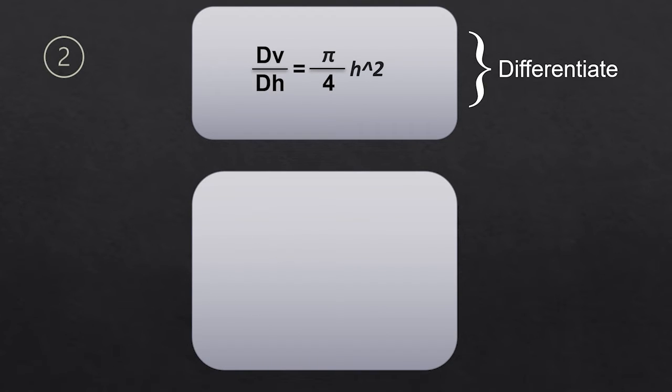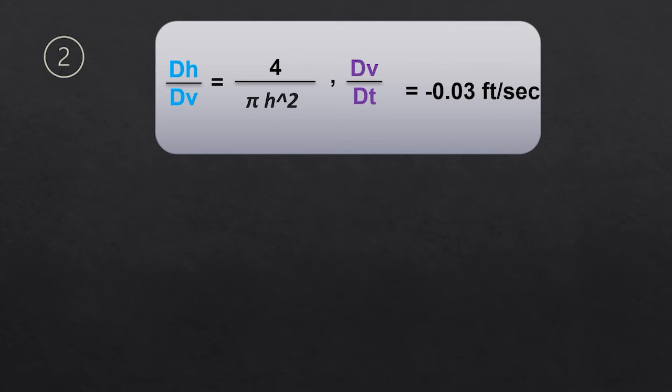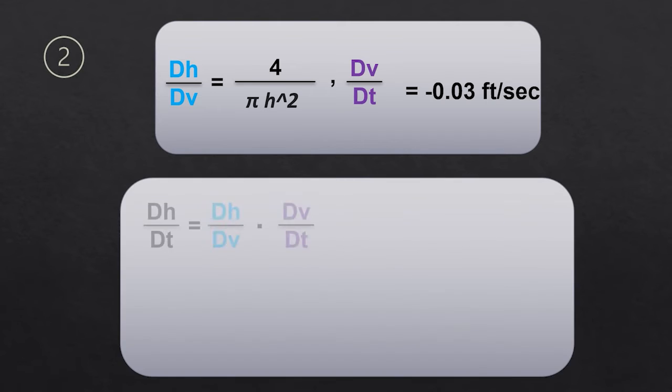Since we have obtained dH over dV, and we know dV over dt equals negative 0.03 feet per second, apply the values to the chain rule equation we did earlier, which is dH over dt equals dH over dV multiplied by dV over dt.